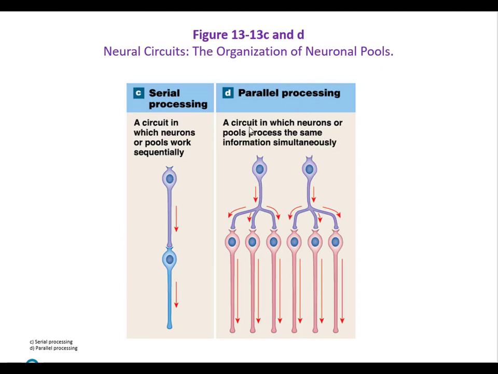So parallel processing is the kind of information where you're giving signals to multiple places in the body. One might be contracting, one might be reflexing away from some sort of pain or stimulus. And then reverberating.